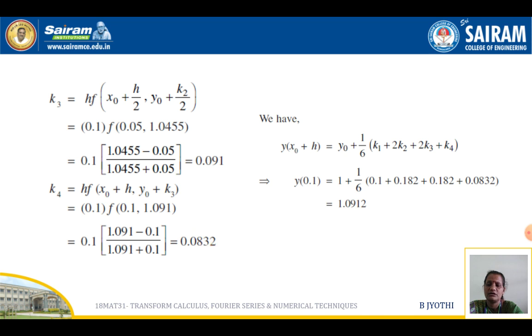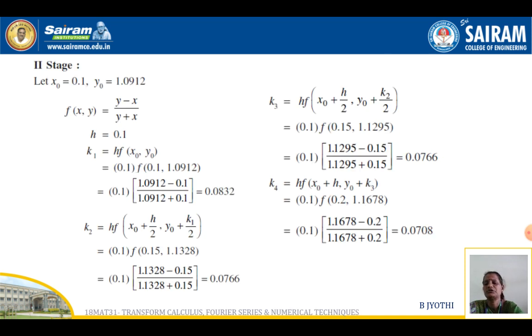After finding all these values, let us substitute in this formula. Y of x naught plus h equals y naught plus 1 by 6 into k1 plus 2 k2 plus 2 k3 plus k4. On simplification, we get 1.0912. This is the answer we are getting for the first stage.